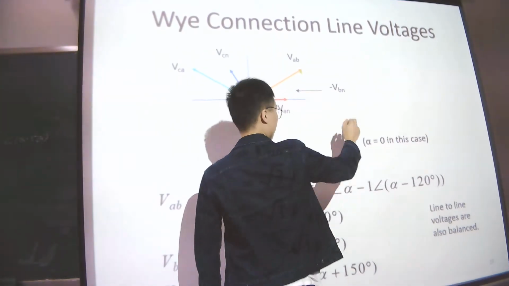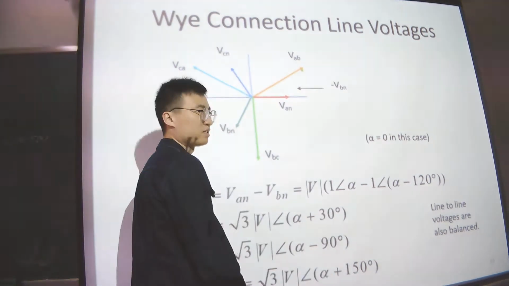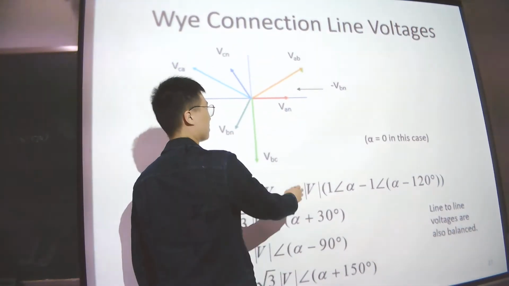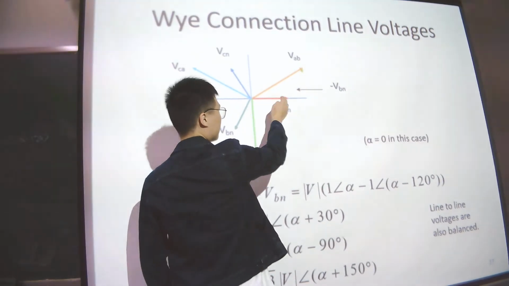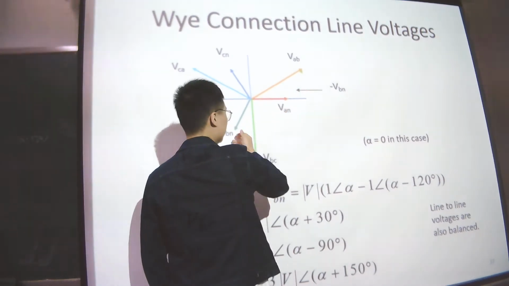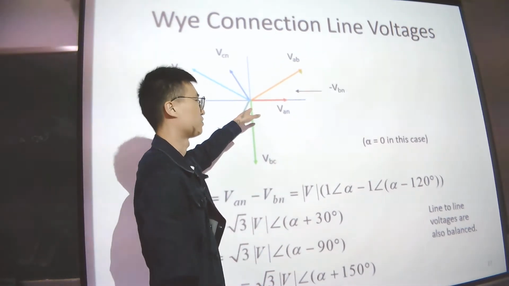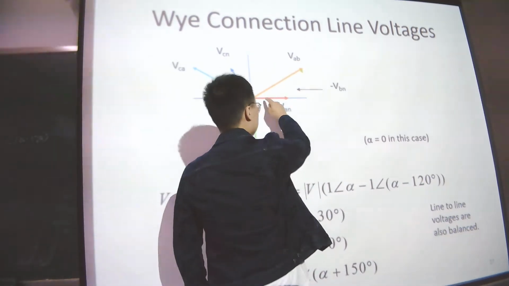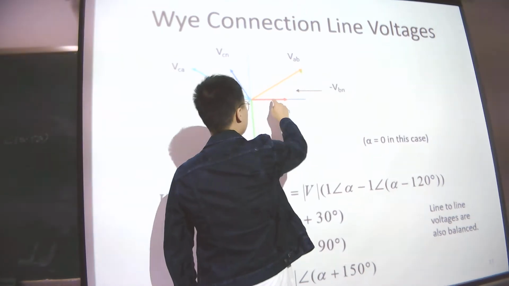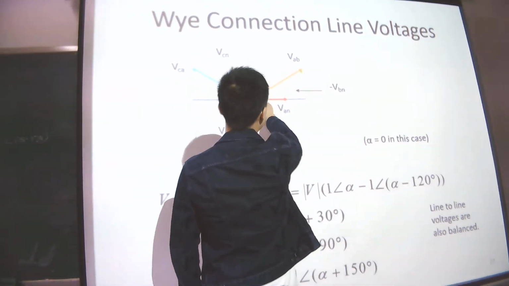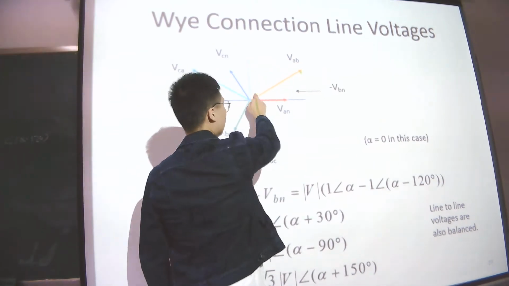Here is 120, because the difference between these two phase voltages A and B will be 120, right? So this is 120, this is 120.